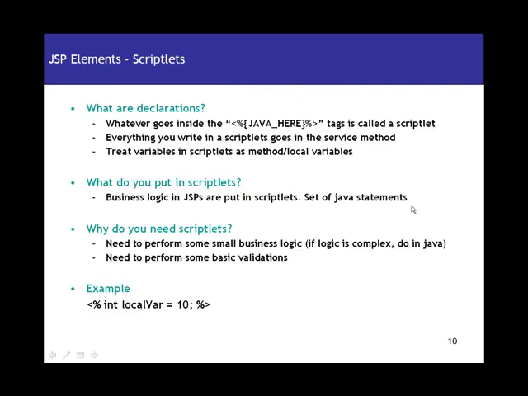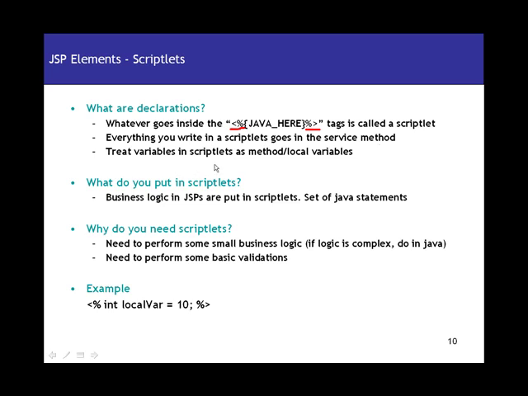Okay. Right. The next JSP element is scriptlets. So whatever goes within these tags are treated as scriptlets. So you write pure Java code within scriptlets, and all the business logic which you want to put in your Java code in your JSP, you put in the scriptlets. Okay. So we know that everything that you write in scriptlets goes in the service method.